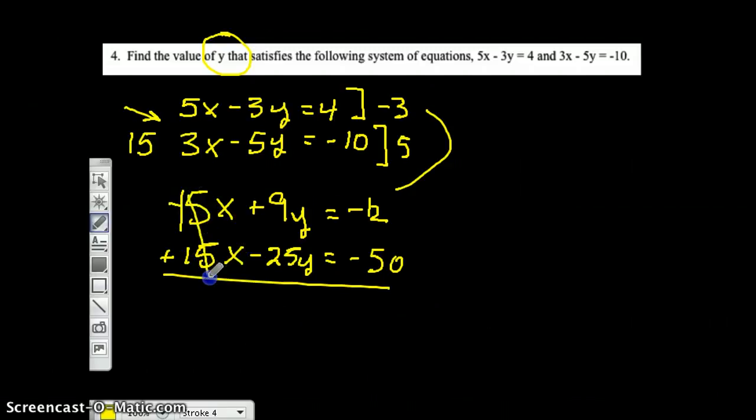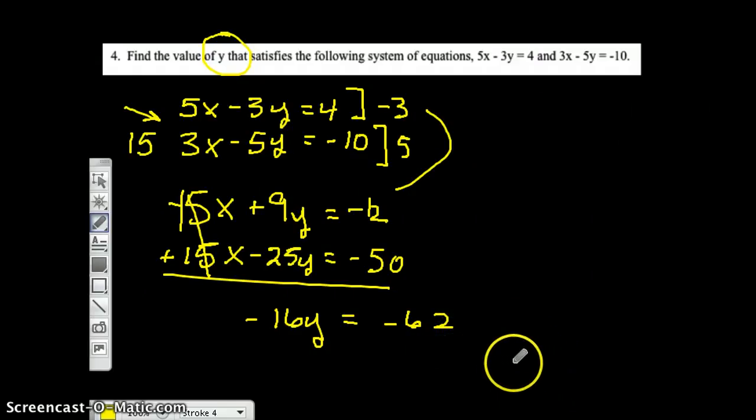Of course, my x's go away, and 25 minus 9, I believe that's 16, negative 16y is equal to, and of course this is negative 12 and negative 50, that's a negative 62. Make sure I got that right.